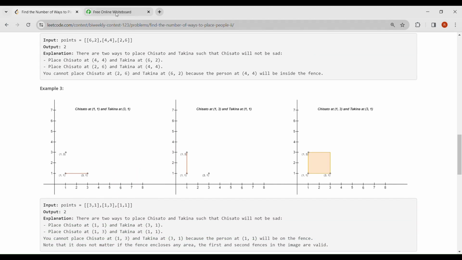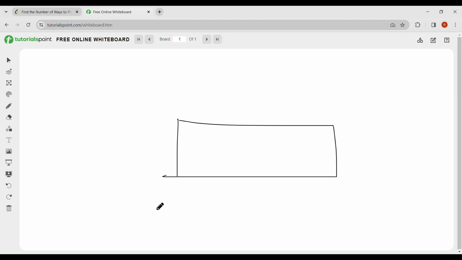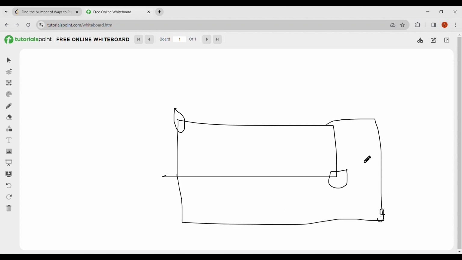Now see, these points are there. I will explain with this one. See, if I draw a rectangle, this is a point, this is a point.